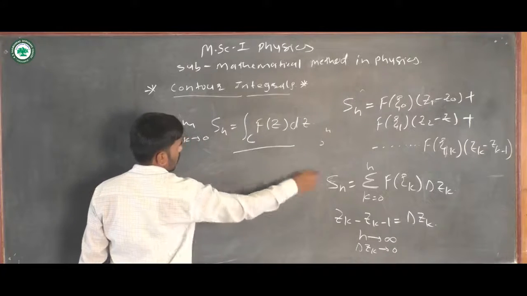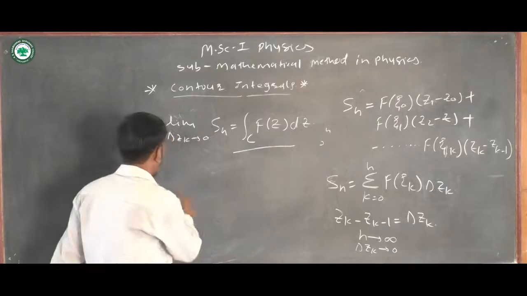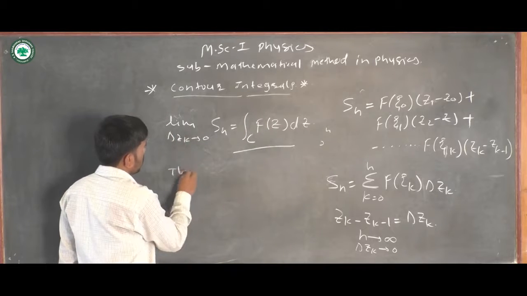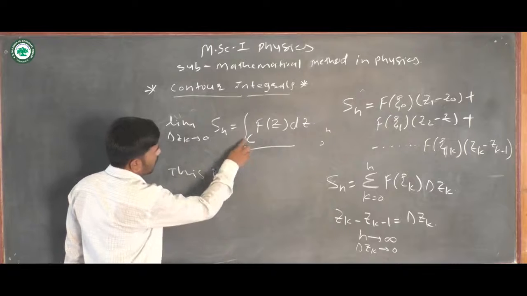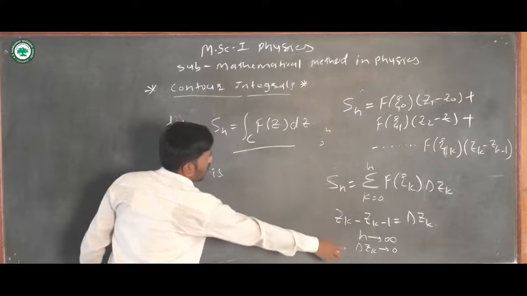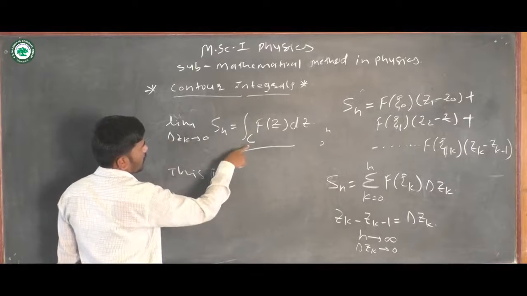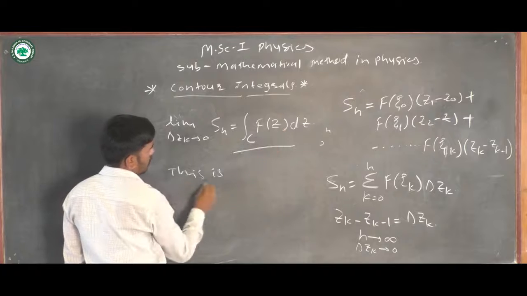This is the expression I took directly from here. If I take the integration and apply this limit, we get this one: the integration over curve C of f of z into dz.